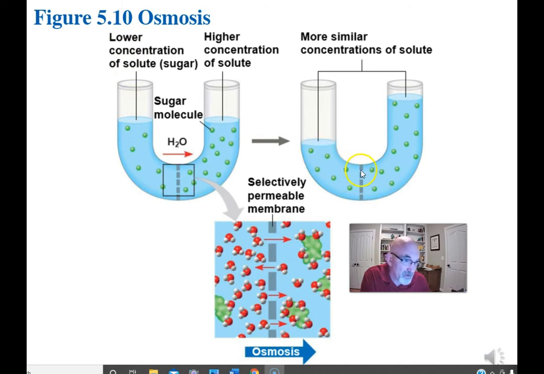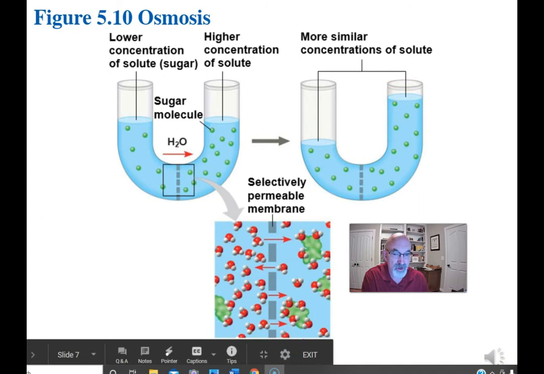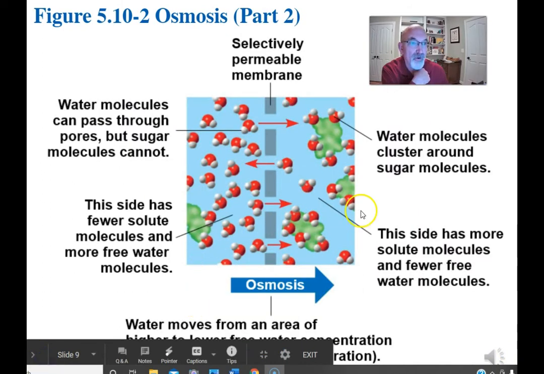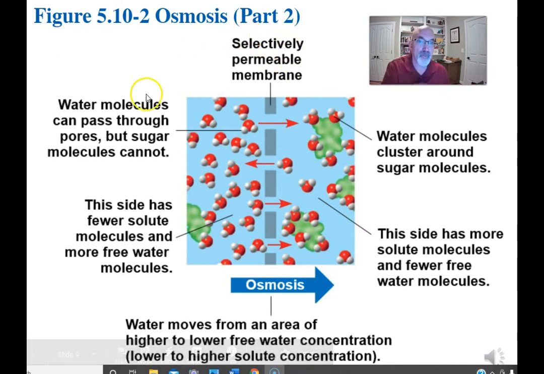So water continues to pile up over here until the solute concentration is the same on both sides of that membrane. And you literally have water piling up in this U-shaped tube. Again, to identify the parts of the system here, we have a selectively permeable membrane.